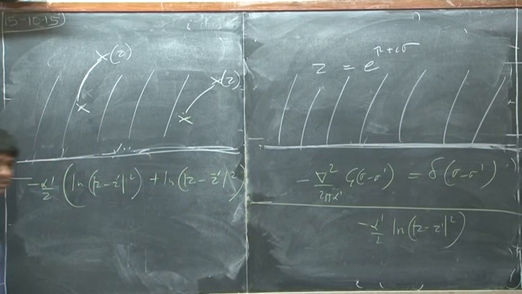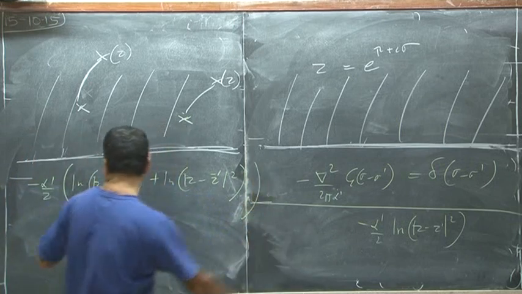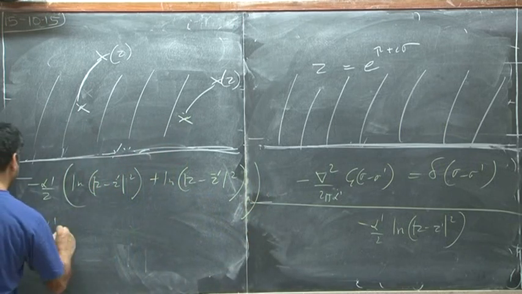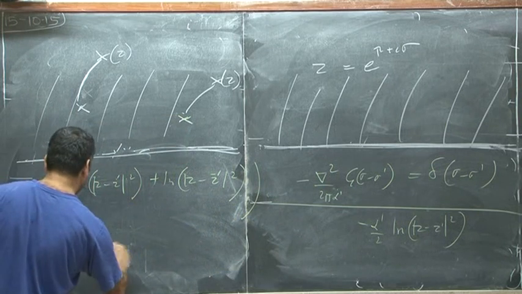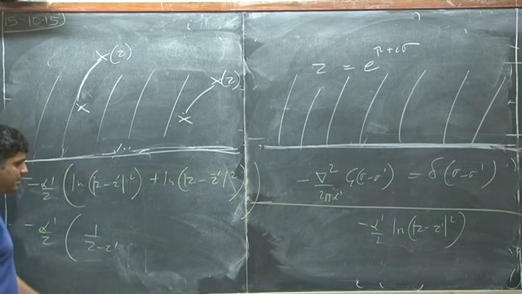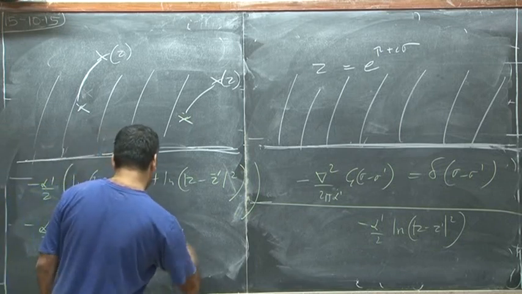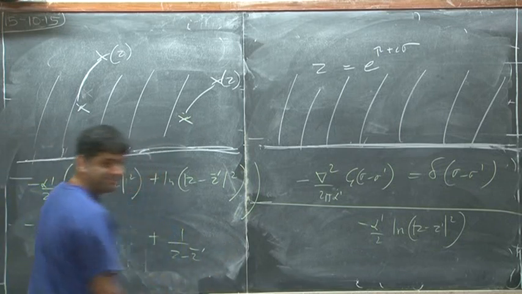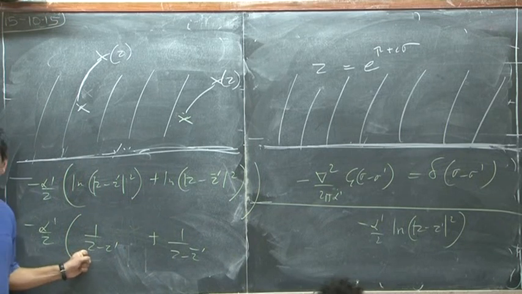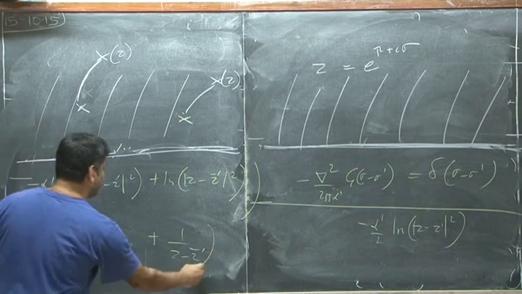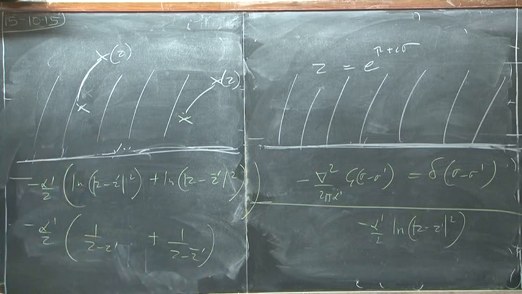Now let's check if our boundary conditions are okay. We differentiate this with respect to z, we get minus alpha prime by 2, 1 over z minus z prime, plus 1 over z minus z prime bar. Now, on the real axis, z is equal to z bar. If we differentiate with respect to z bar, what would we get?